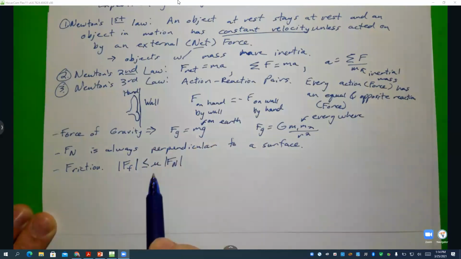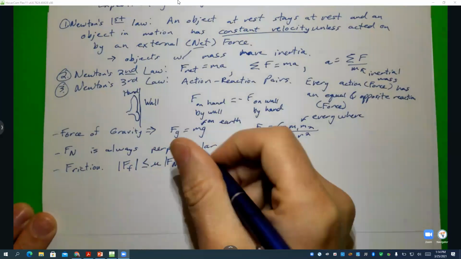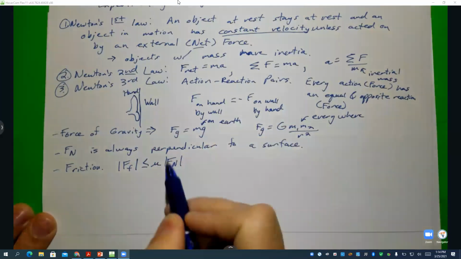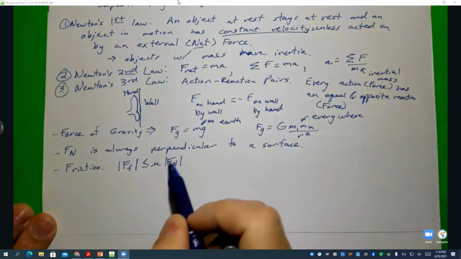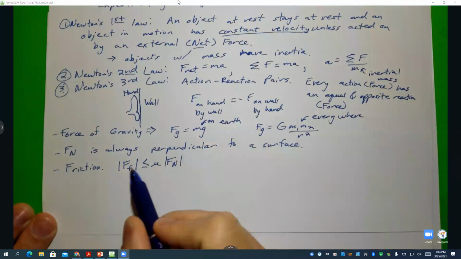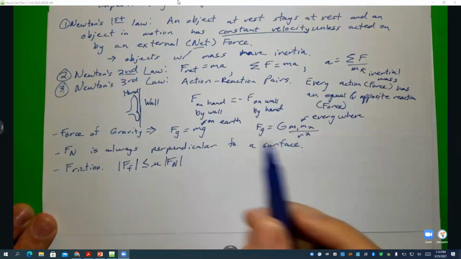They're being a little bit mean here, but really all it means is a friction force is going to be proportional to the normal force, and it's going to be some value up towards some maximum frictional force until you overcome it.